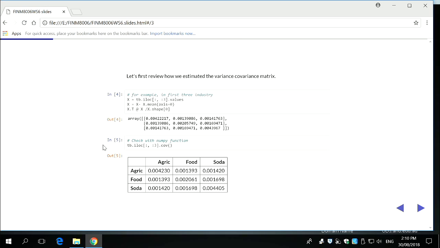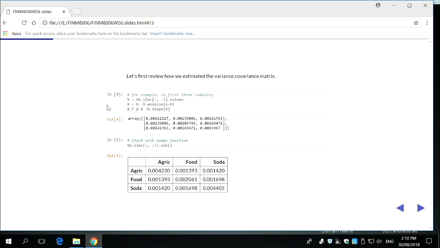At any point in time you can have a variance covariance matrix between the assets, but we can't estimate it with just one point of time data. What we can do is use the historical data to estimate the variance covariance matrix, the same as the mean.